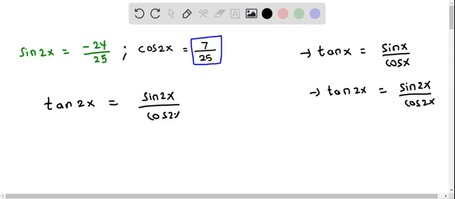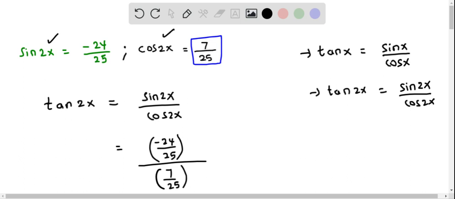We have already determined the values of sine 2x and cosine 2x, so let's put them here. Sine 2x is negative 24/25 as the numerator fraction, divided by the denominator, cosine 2x, which is 7/25.